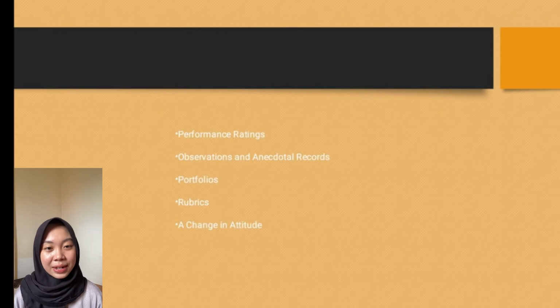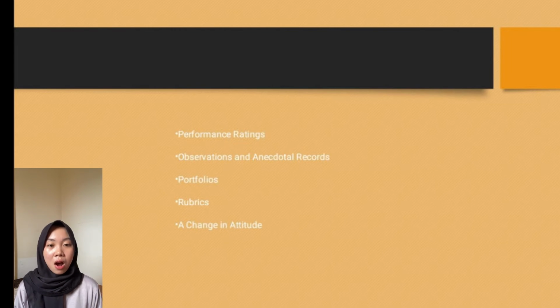Next, rubrics. A rubric is an assessment instrument that is used to evaluate a learner based on the learner's performance of specific criteria. Specifically, a rubric is a printed set of scoring guidelines or criteria that is used to evaluate a learner's performance or product.